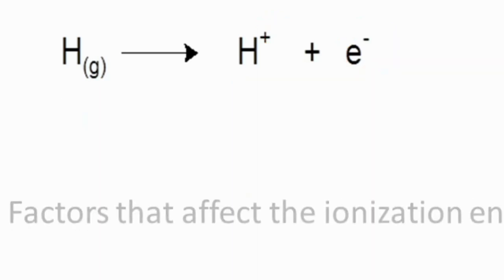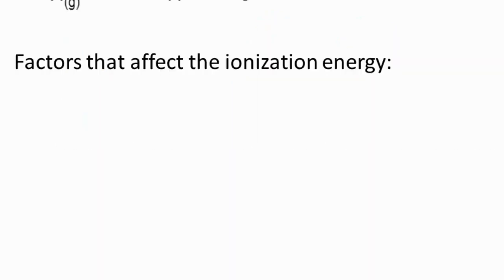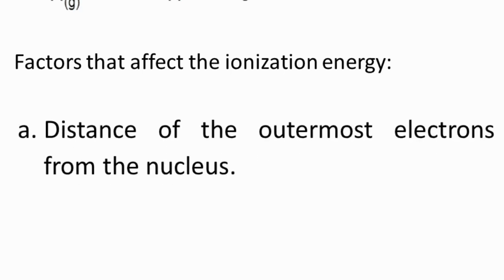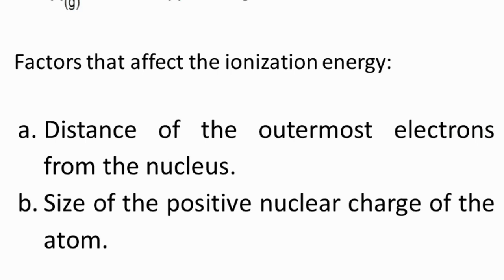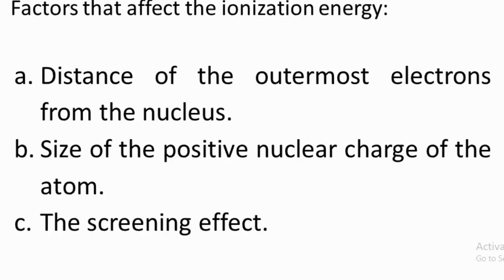So now, the factors that affect the ionization energy are the distance of the outermost shell electron from the nucleus, the size of the nuclear charge, and of course the screening effect. Now, the distance of the outermost shell affects ionization energy because the farther the electron is from the nucleus, the lower the energy required to remove the electron from the outermost shell.